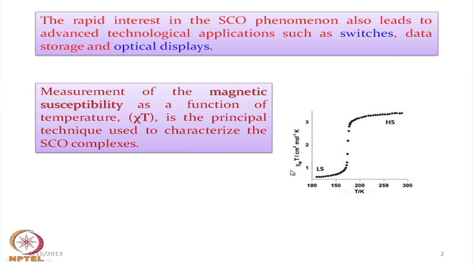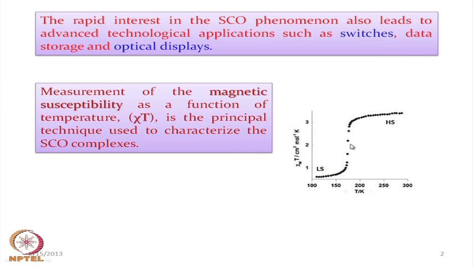It is a very simple plot, we can determine it even with the use of the primitive Gauss balance. The Gauss balance can be utilized for the determination of the susceptibility parameter and the temperature of the measurement, but the only difficulty is that the Gauss balance cannot be operated nicely at different temperatures.